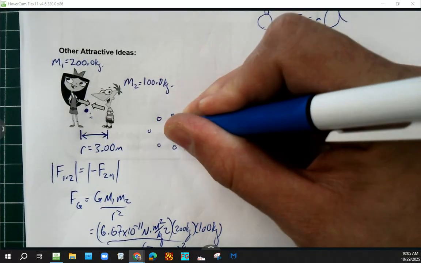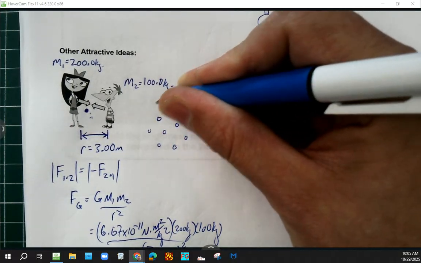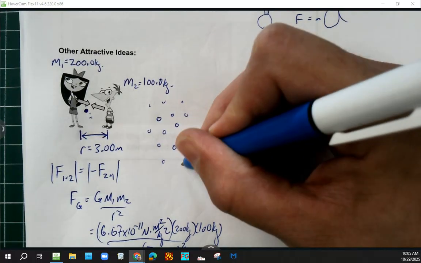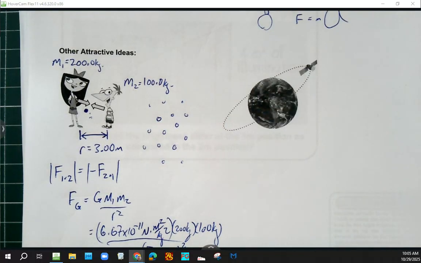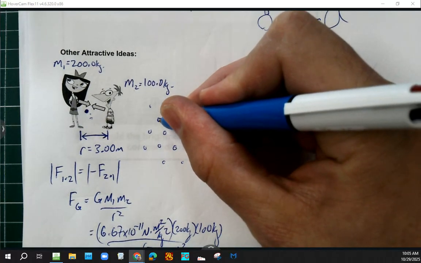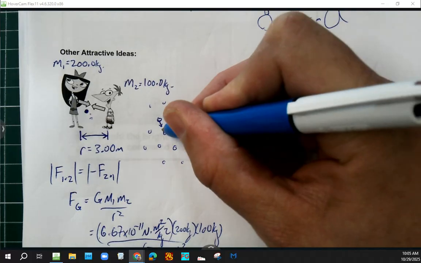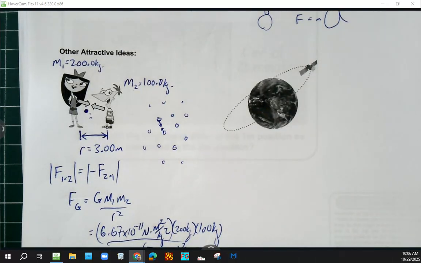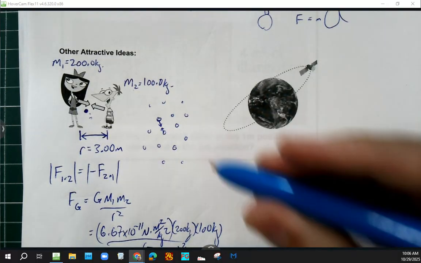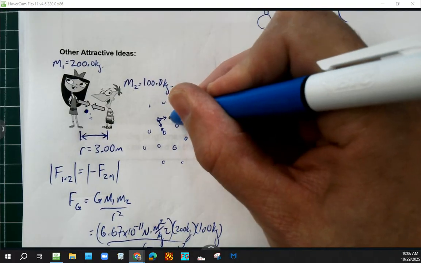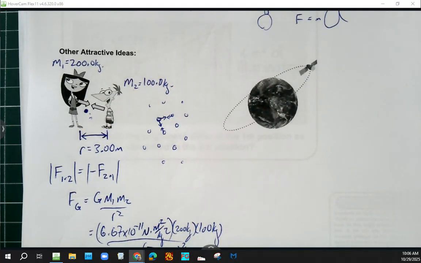If you're at a party with a lot of people, not just two people, physics parties usually have a lot of people at them, right? Very popular physics people. And you can imagine that this particle and this particle are attracted to each other, agreed? Sorry, party goer. But also this one and this one are also attracted to each other. Physics parties are pretty crazy places, right?